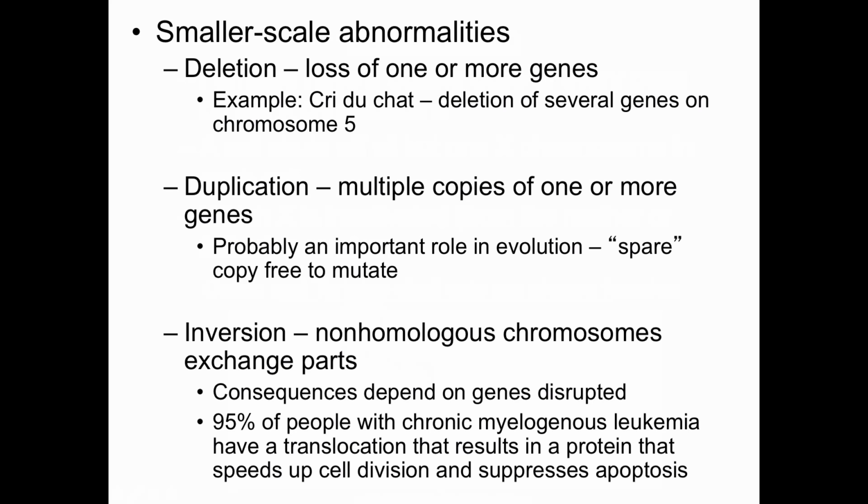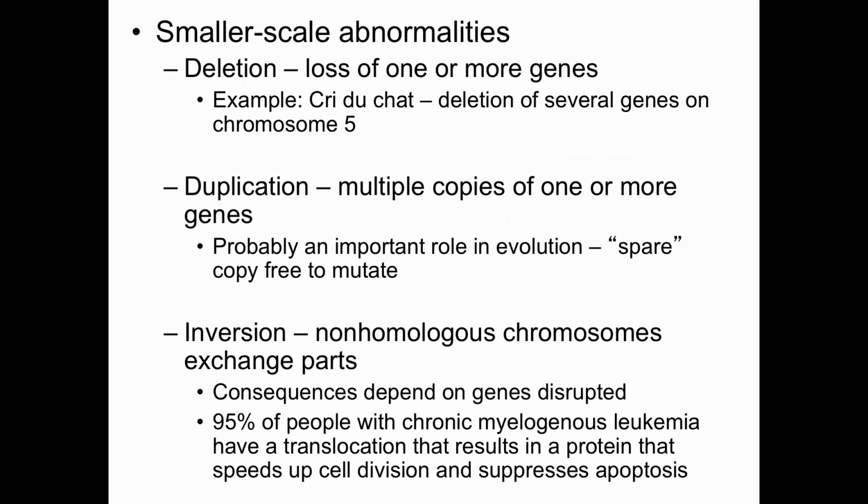It's a chromosomal abnormality. Every once in a while, we'll have a duplication where multiple copies of one or more genes are produced, and that probably plays an important role in mutation, because we have this kind of spare gene. And then finally we have something called an inversion, where non-homologous chromosomes exchange parts, and that's kind of weird, and it depends on what genes are exchanging parts.